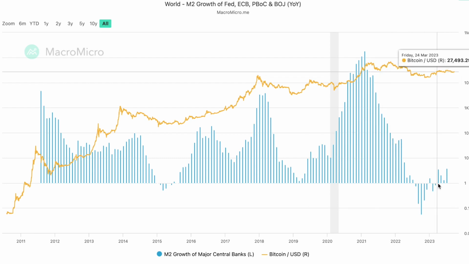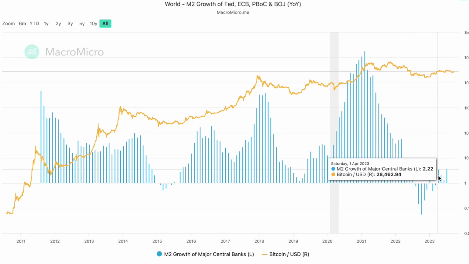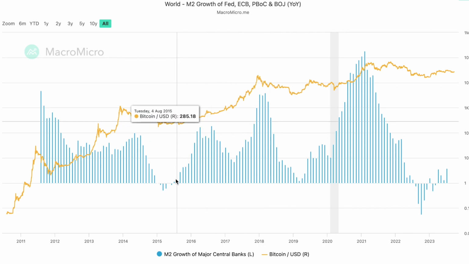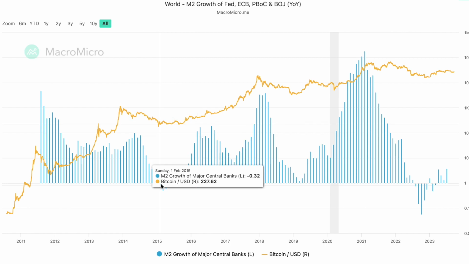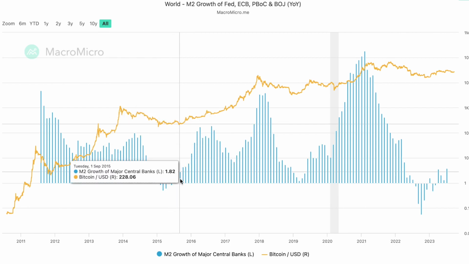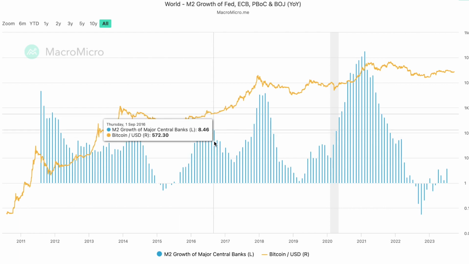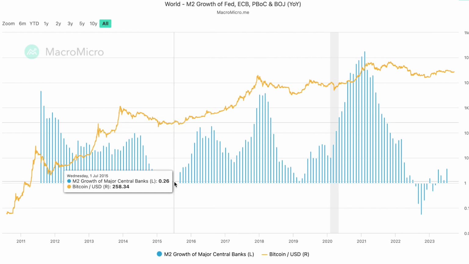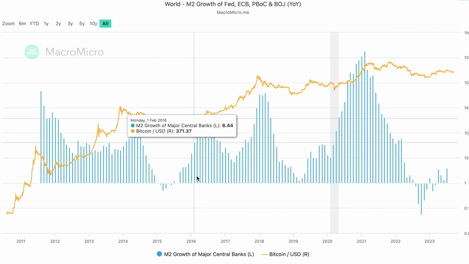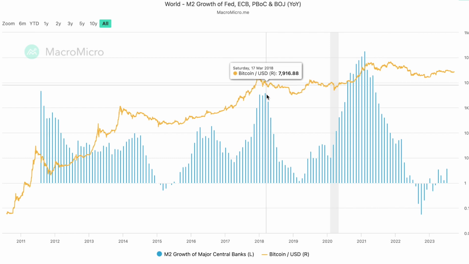But recently, we've switched back into the positive, where M2 growth is positive once again. And comparing this growth to previous cycles, once we start that expansion phase, from whenever it's coming from being negative or almost negative to back into the positive, we see growth continue for a relatively large amount of time. July of 2015 is whenever we flip back positive, and from that point we had many months and years of upward expansion of M2 growth.